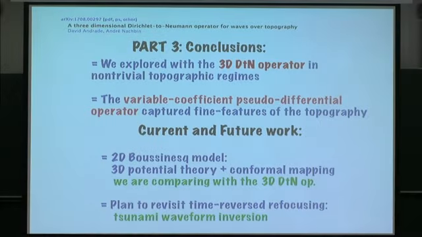We're writing that up. So in terms of current and future work, one is this 2D Boussinesq model that I described to you, which is basically 3D potential theory with conformal map. We're comparing with this method, and we plan, in particular with the 2D Boussinesq model, to revisit something that I did some time ago, again exploring ideas from acoustic waves that George Papanikolaou was doing with collaborators, which is waves in random medium.